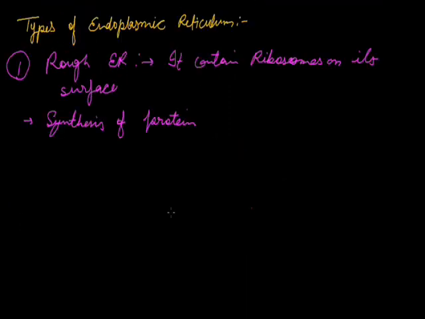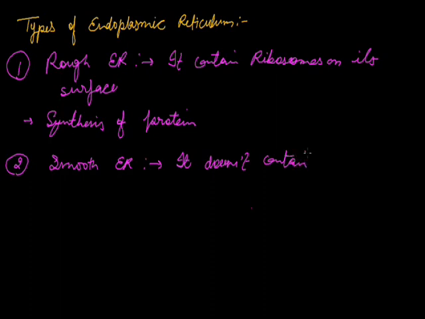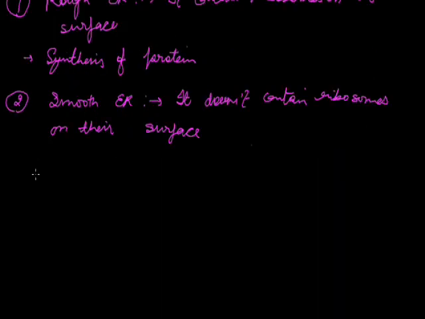And the second one is smooth ER. It doesn't contain ribosomes on its surface, and it is involved in synthesis of lipid.